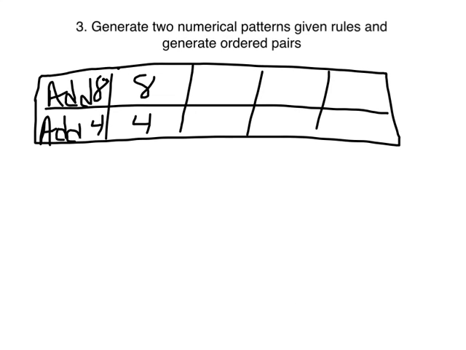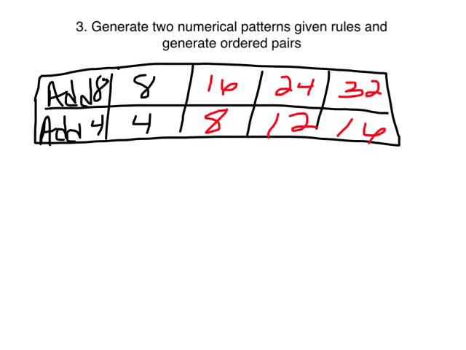Learning goal 3, we want to generate 2 numerical patterns given rules and generate ordered pairs. So the rule here on the top is add 8. So if we start at 8 and add 8, we go to 16. Then you add another 8, 24, 32. Now on the bottom we have add 4: 4, 8, 12, 16.